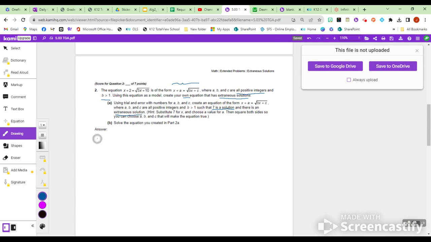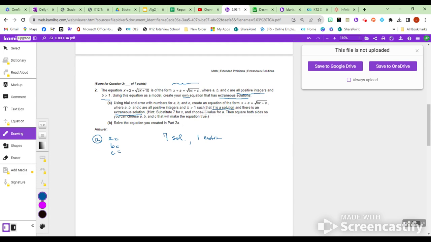Okay, so for the A part, you're going to find an a value, a b value, and a c value, where these are all positive integers and b is greater than 1, such that 7 is one of your solutions, and there is one solution that is extraneous. Hint: substitute 7 for x and choose a value for a.